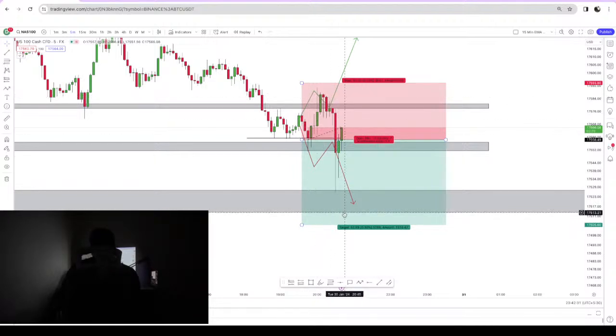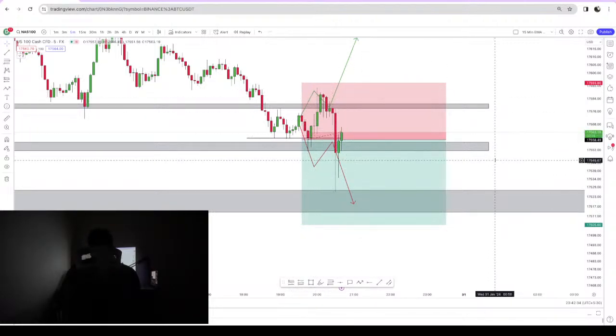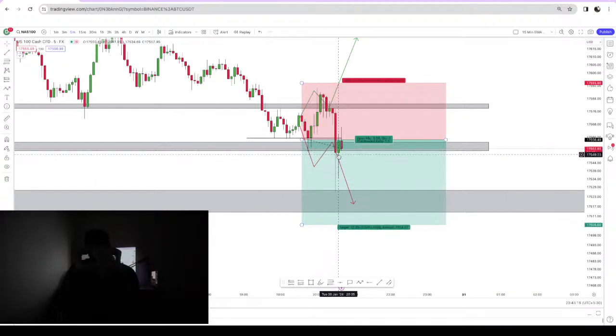Because if it hits the target, it was properly a manipulation. So just to not be trapped in that manipulation, I chose a far stop loss. So I'll increase position size only if this red candle closes below this green. And below this green means just below the body of this green.